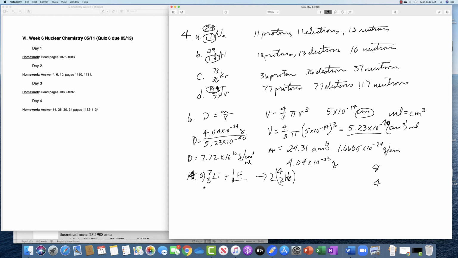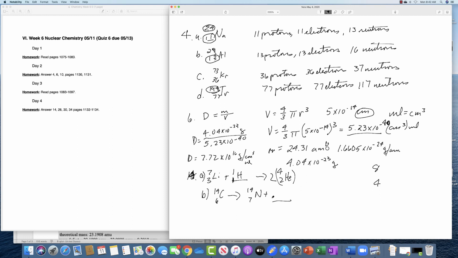So that's A. B says we have carbon 14 going to form nitrogen 14 plus something. Now, in order for this to happen, the atomic number has to increase by 1, okay?